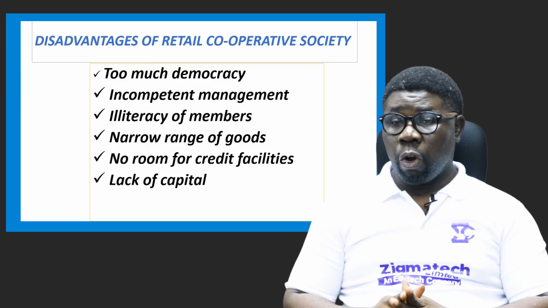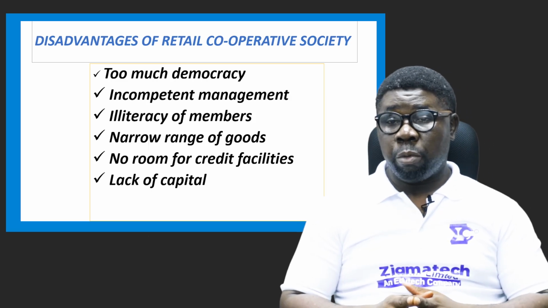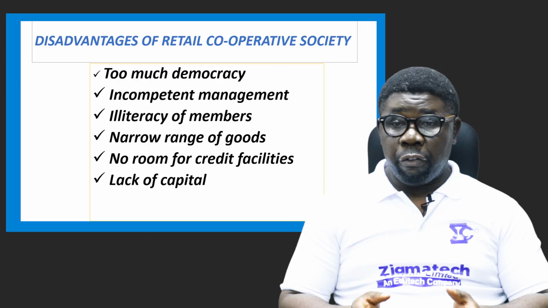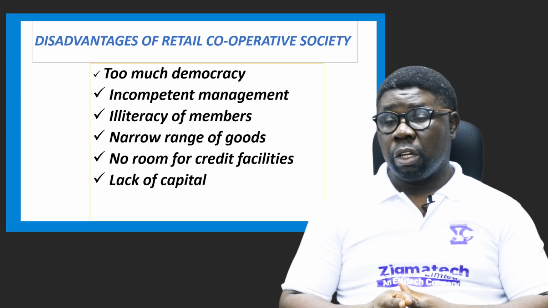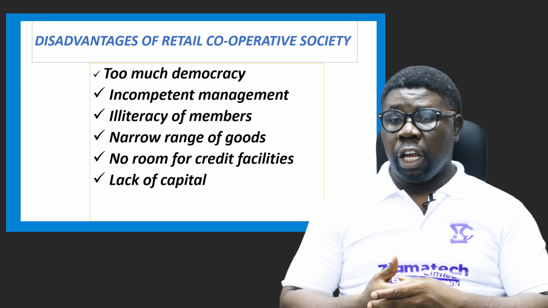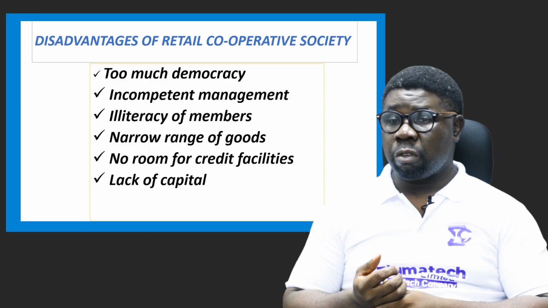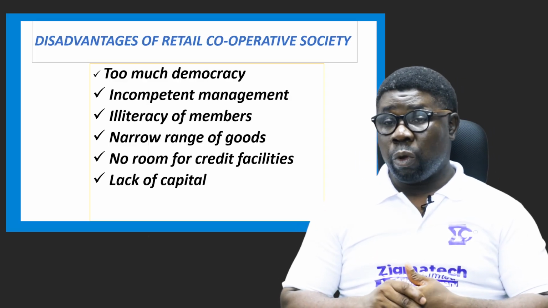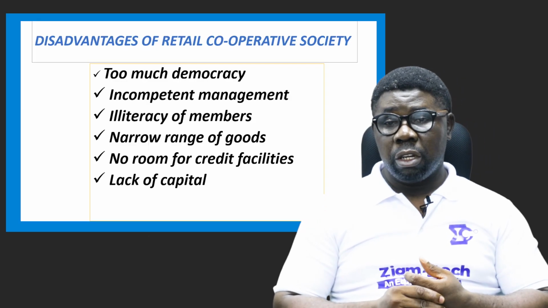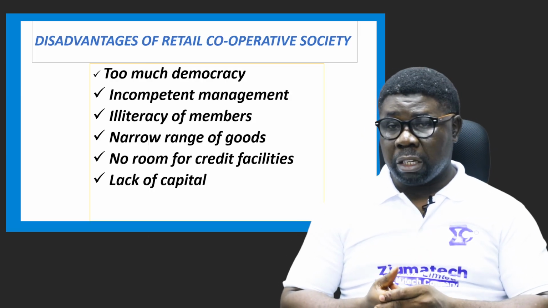Incompetent management may occur because those who have physical presence and can pull the crowd sometimes may be given offices they cannot manage, so it brings novices into management, so this can cause a problem as well. Illiteracy of members can also bring a problem in management, so they may just be there as owners, but may not know the right things to do to expand the business opportunities. So illiteracy may become a problem in the business management.